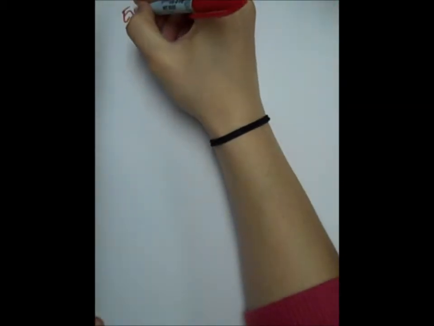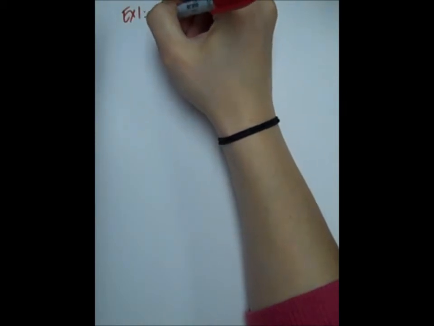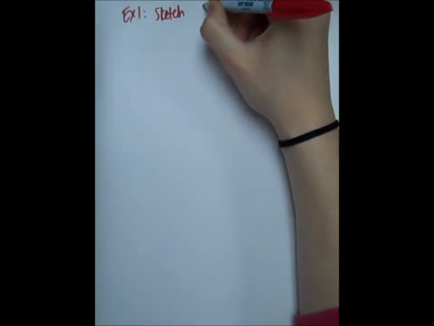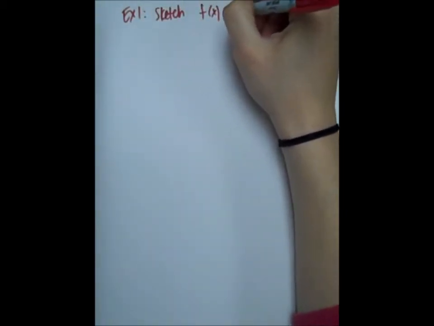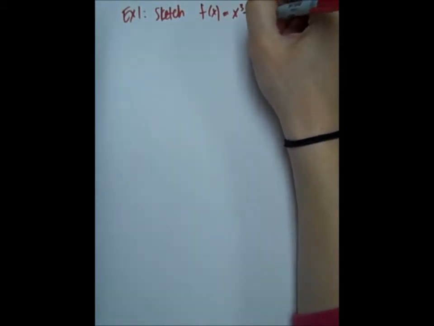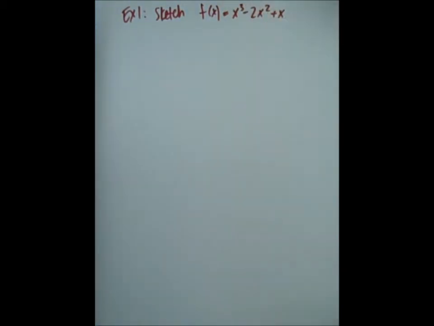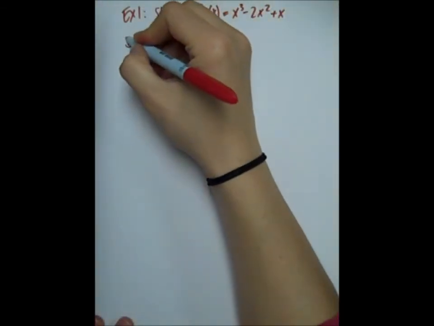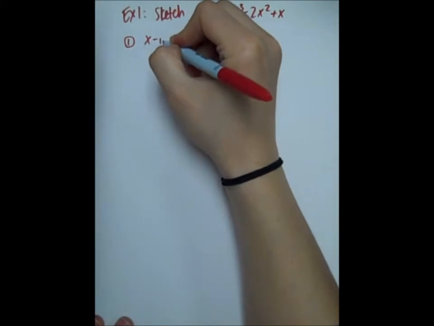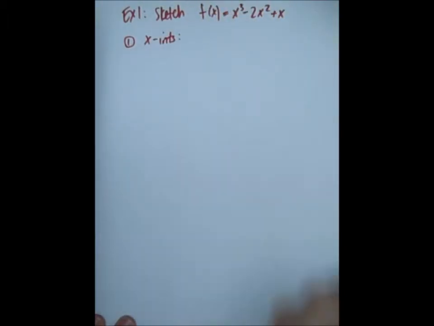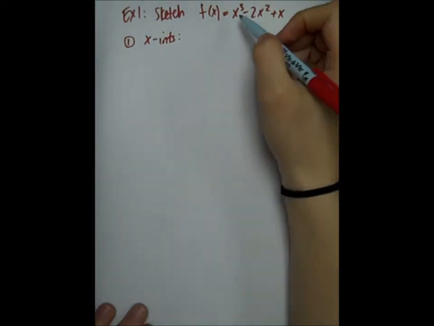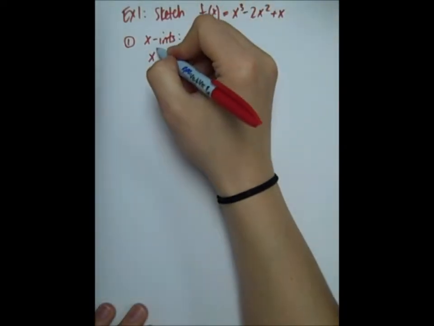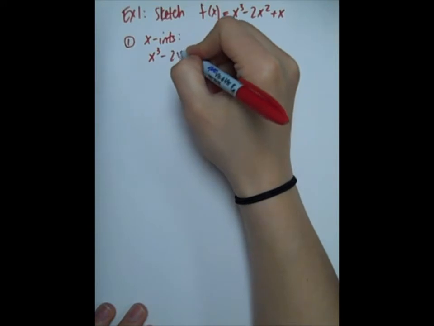So example 1. Let's sketch the curve x cubed minus 2x squared plus x. So what I'm going to do first is find the x-intercepts. To find the x-intercepts, I want to set the entire function equal to 0 and solve for x.